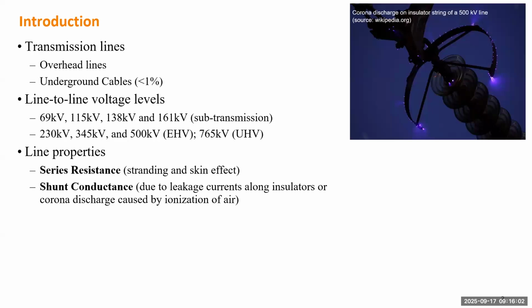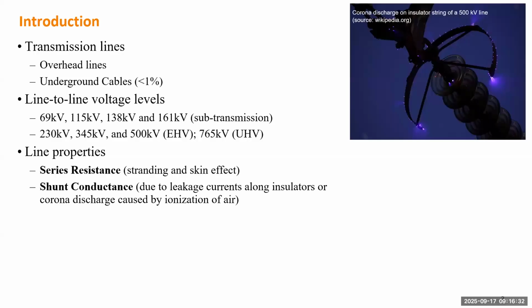One picture shown here is called the corona effect. That is a picture taken on a very high voltage insulator. You see those lines that indicate it's actually losing energy, because part of the air surrounding the insulator conducts current. So actually you are losing some electricity when you operate this high voltage line.